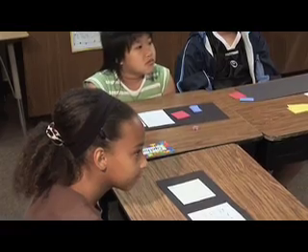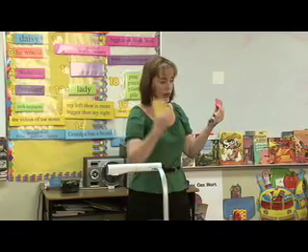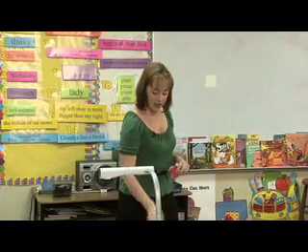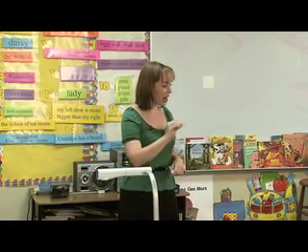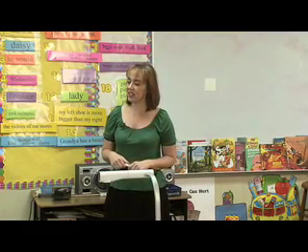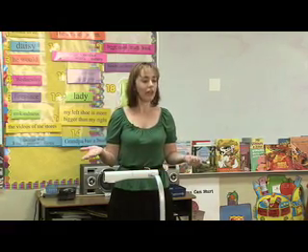We're going to use these different pieces of paper to help us divide our musical staff into different pieces. And then we are going to be writing out some rhythms and challenging our friends in this class to see if they can clap them out. Are you ready to begin?